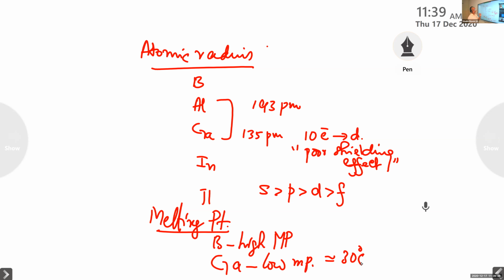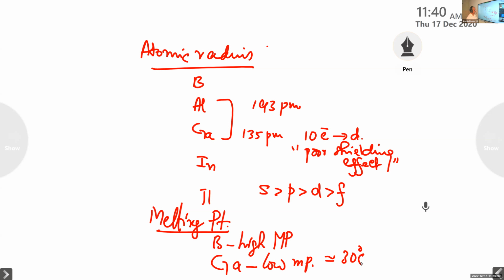During summer season, the atmospheric temperature will be normally greater than 30 degrees Celsius, and so gallium exists in the liquid state during summer season. Gallium has a very low melting point of the order of 30 degrees Celsius, or roughly 303 Kelvin.